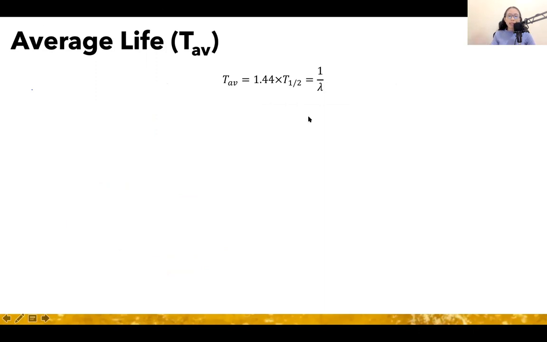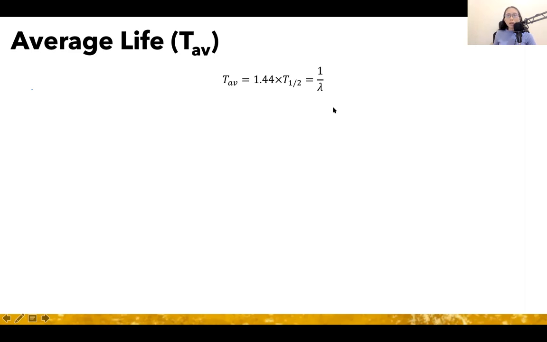So why do we have this average life? In radioactive decay, not all of your radioatoms decay at the same time. So each individual radioatom exists for a different period of time. So average life gives us the mean or the average of all of these intervals for which your individual radioatoms remain in existence.